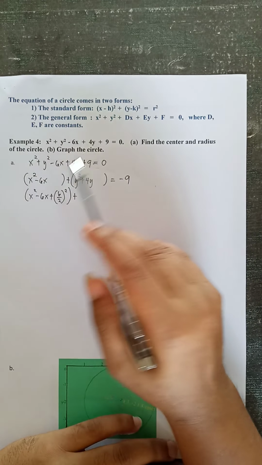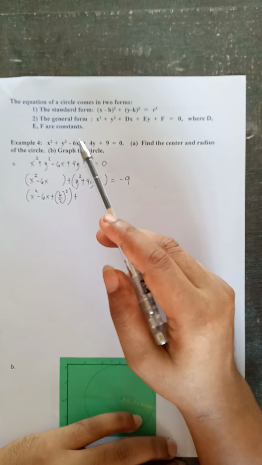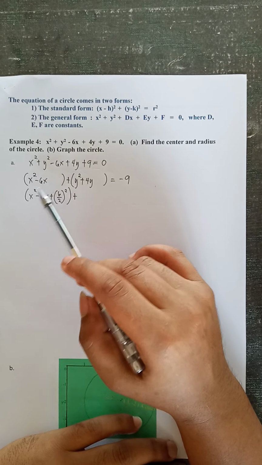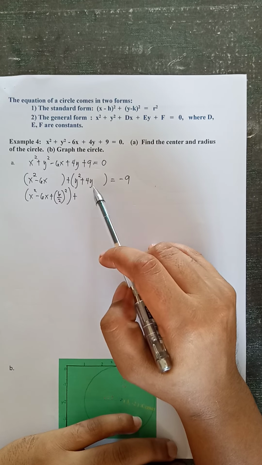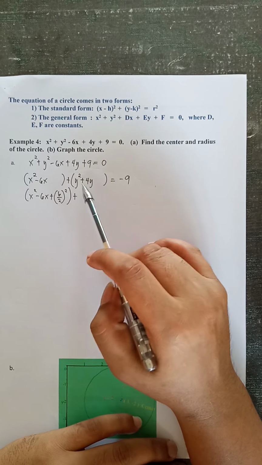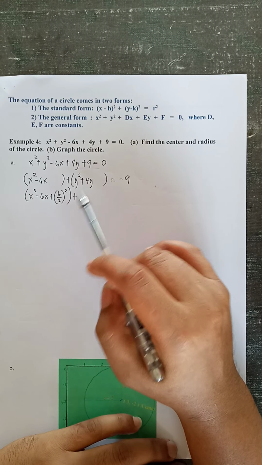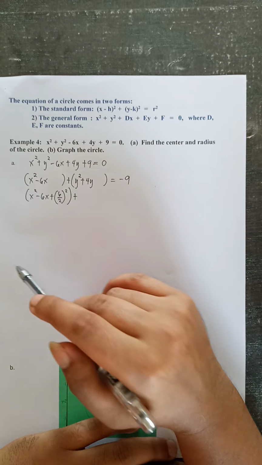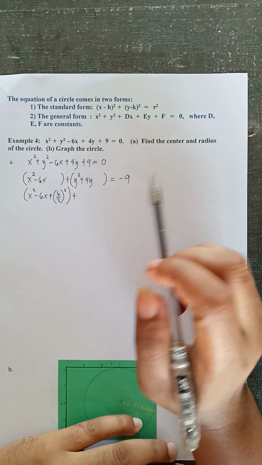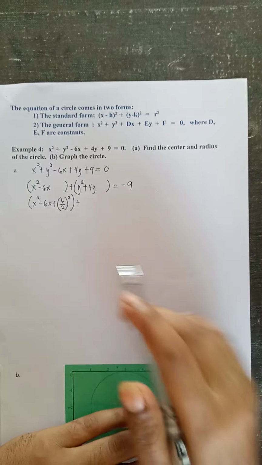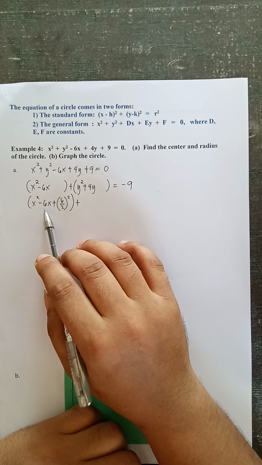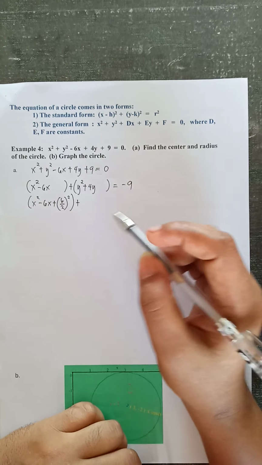Okay, so next is to find a coefficient nga i-add nato diri para mahimo siya og perfect square, as well as mangita pud tag coefficient nga i-add nato diri sa y squared plus 4y para mahimo siya og perfect square. So unsa pagkuha nato og coefficient para mahimo siya og perfect square, just simply get the half of this one, kuha nato iyang half, and square nato siya.